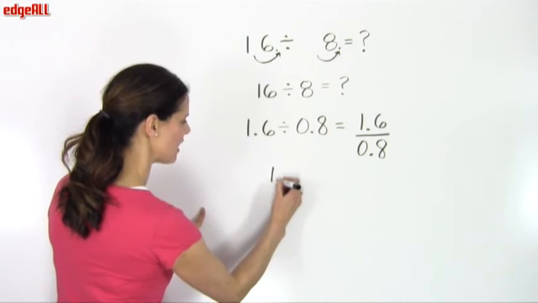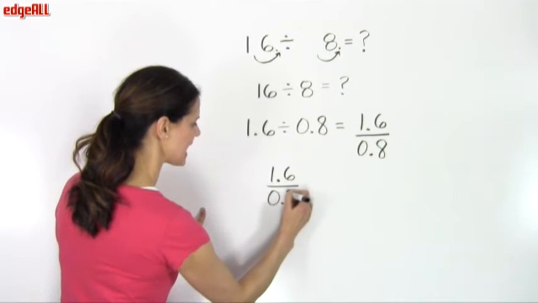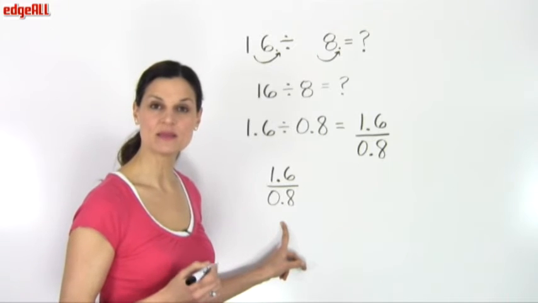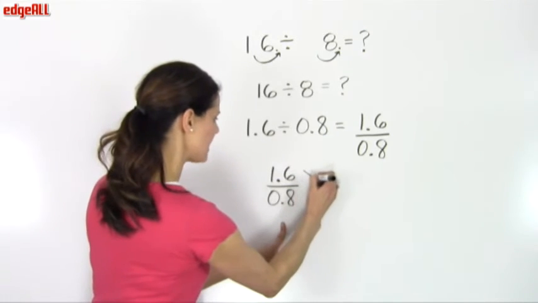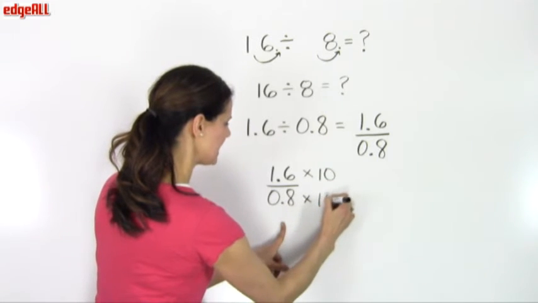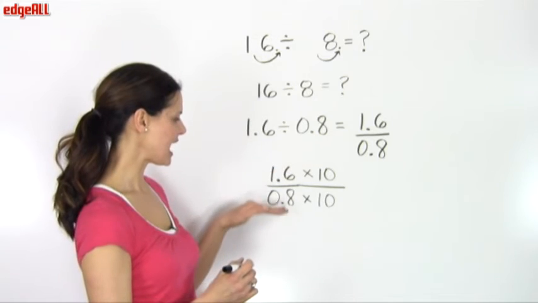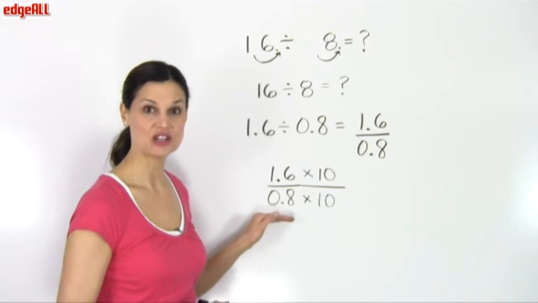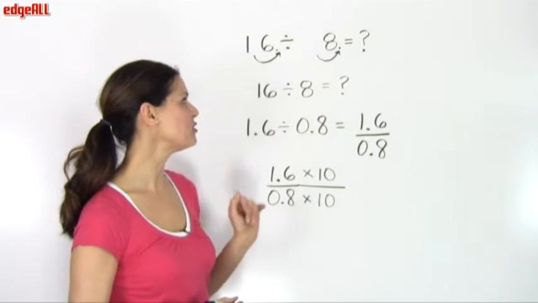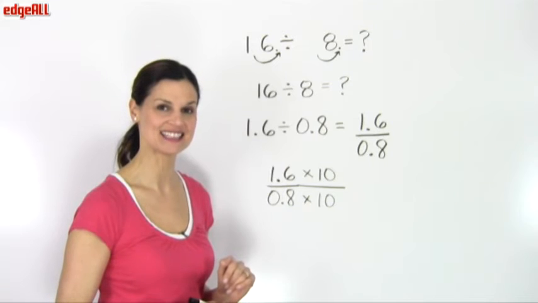If I have 1.6 over 0.8, so I have a fraction, and I'm going to multiply both numbers by 10, times 10 and times 10. So I'm looking at it as a fraction here, doing the same thing that we did up here when we were moving our decimal places one position over to the right.